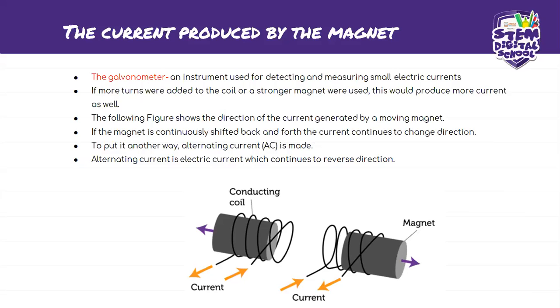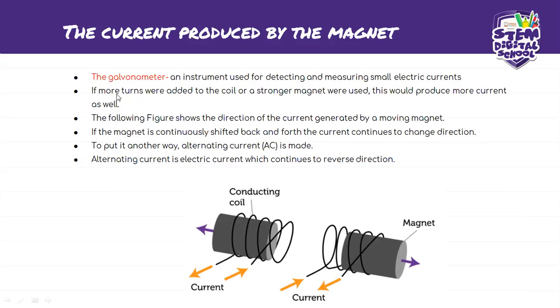Okay, so if more turns were added to the coil, or a stronger magnet was used, this would produce more current as well. Okay, so here is our coil. This side is our coil and this side is our magnet.